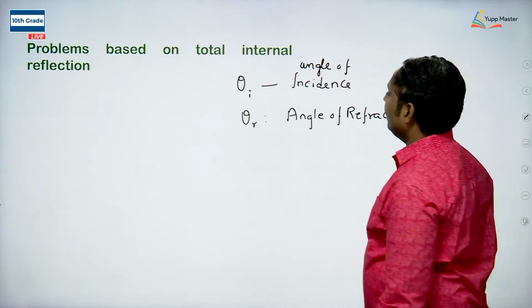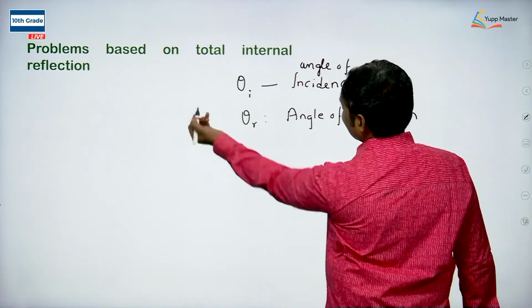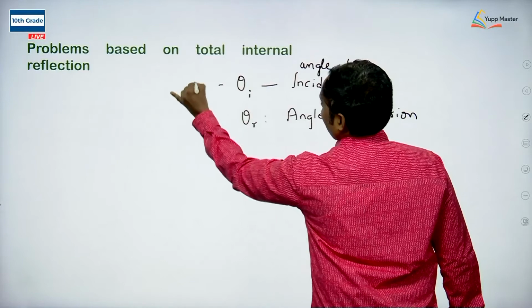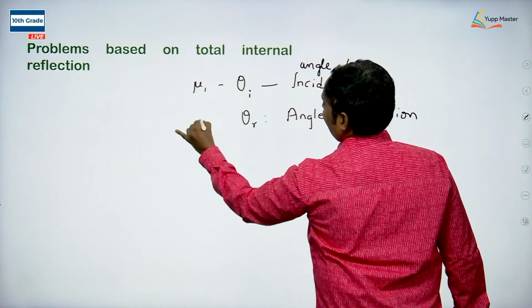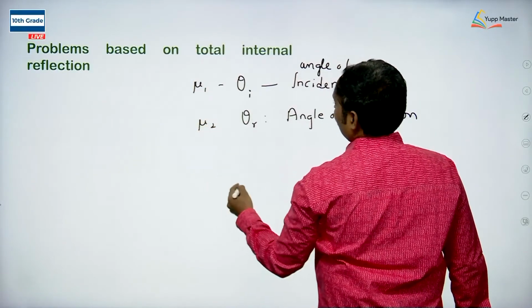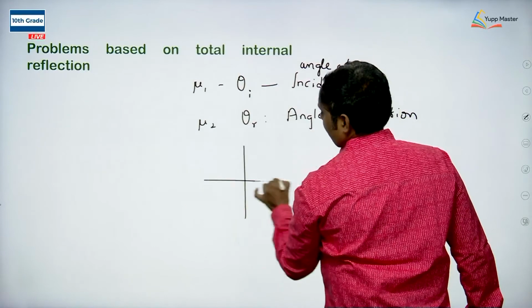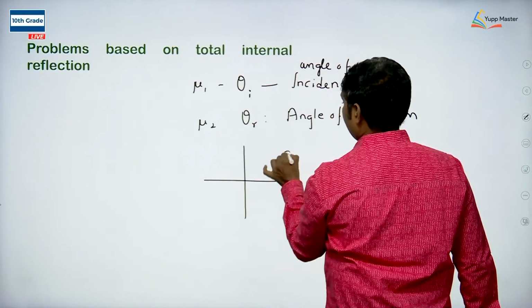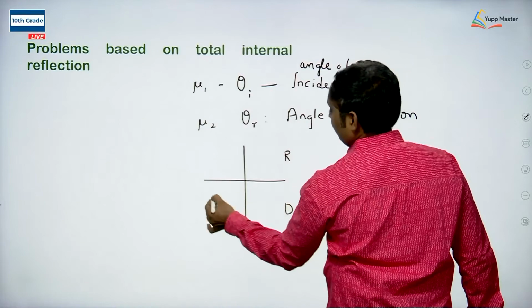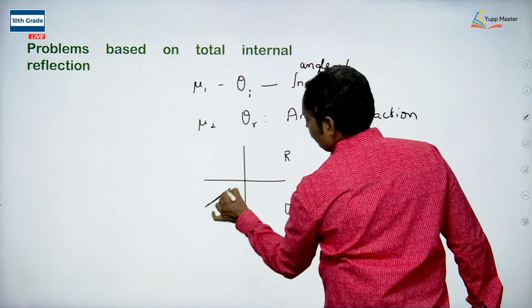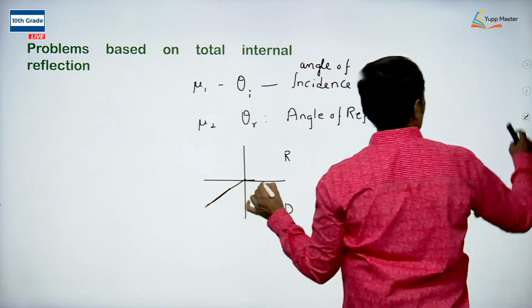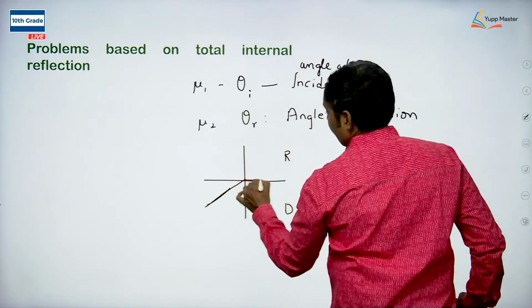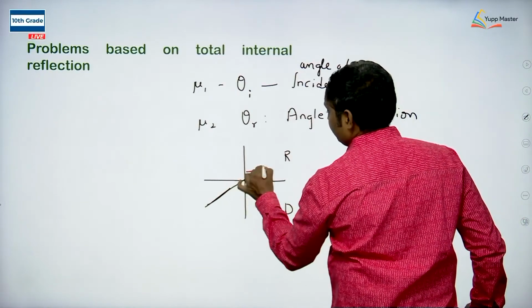This is mu1 and mu2. When the light rays enter from the rarer medium to the denser medium, they are refracted at 90 degrees.